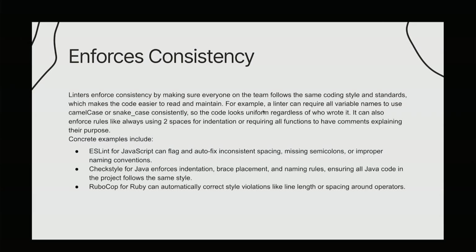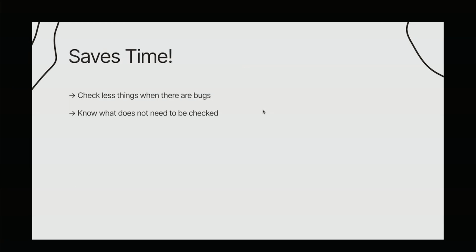And the most important thing is that it actually saves time, because debugging is a very long, waiting process. You can check fewer things when bugs are found in your project or application, because you know the linter has filtered out a lot of things.